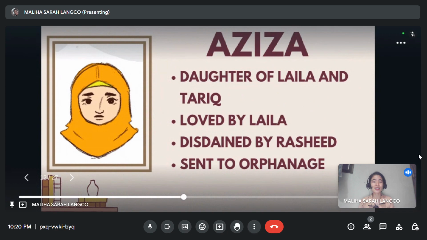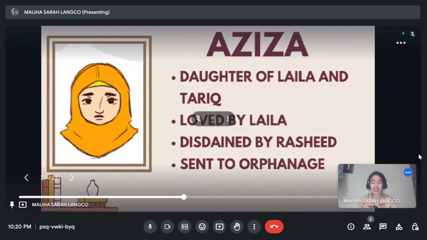She is loved by Lila despite being disdained by Rashid. Because of Rashid's disdain, Aziza was sent to an orphanage.